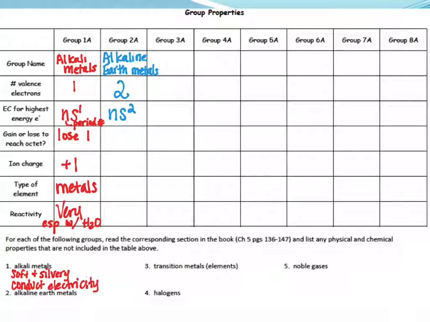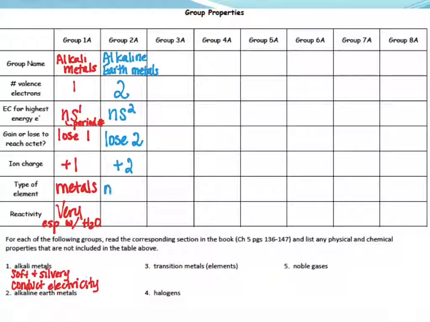These are all going to do what? Lose 2, to get what type of charge? Positive 2. Are we starting to see a pattern here? What type of element is it?